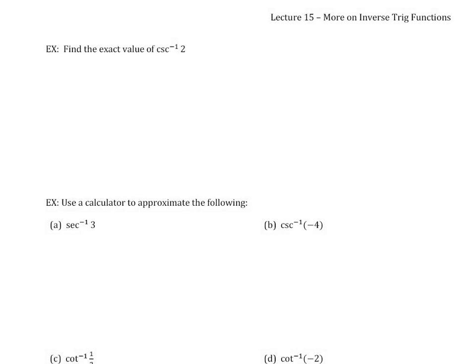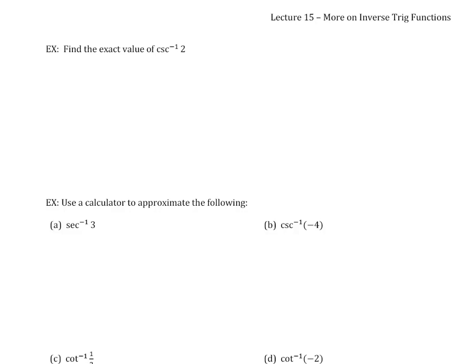The easiest way to handle inverse cosecant, inverse secant, and inverse cotangent is to use the quotient identities. Namely, cosecant is 1 over sine, secant is 1 over cosine, and cotangent is 1 over tangent. Use those to convert the problem to a sine, cosine, or tangent question.